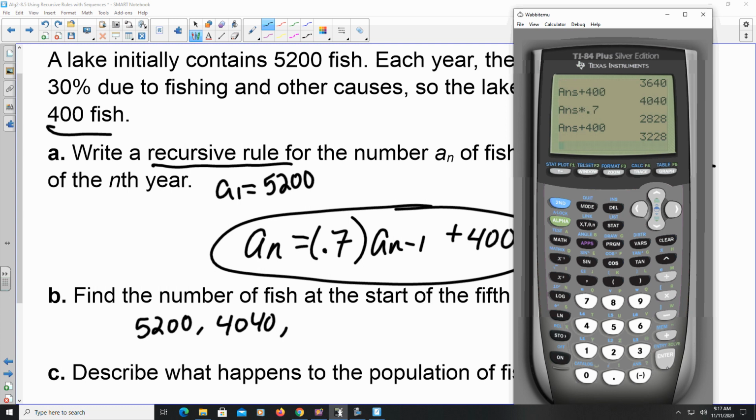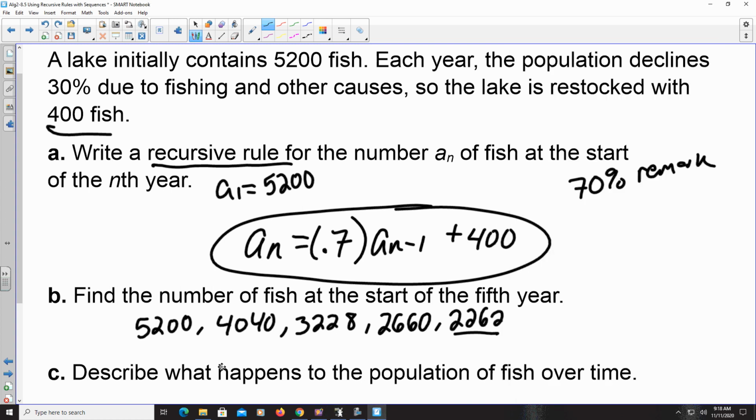I get 3228. And then multiply that by 0.7, enter, add 400. I get 2660. And then multiply that by 0.7, add 400. I get 2262. So that's the fifth year. So about 2,262 fish will start the fifth year. Okay.